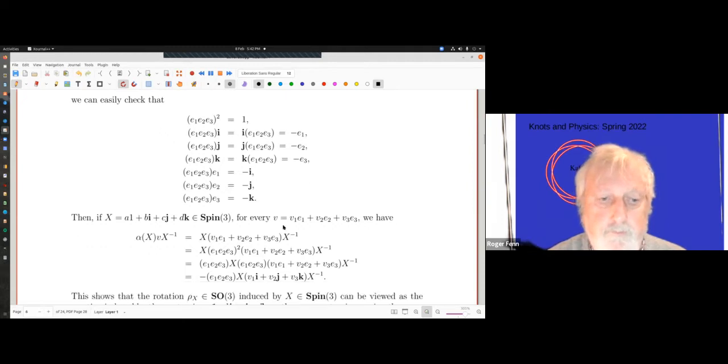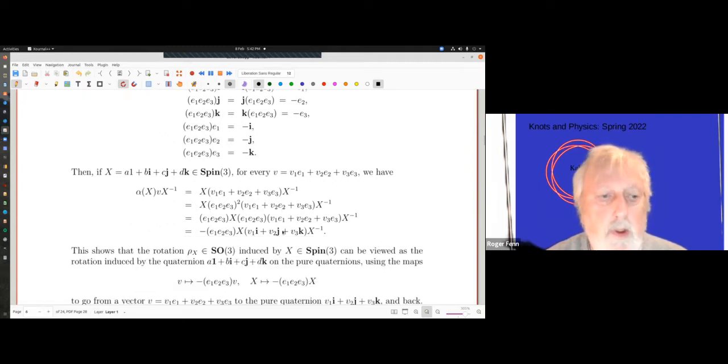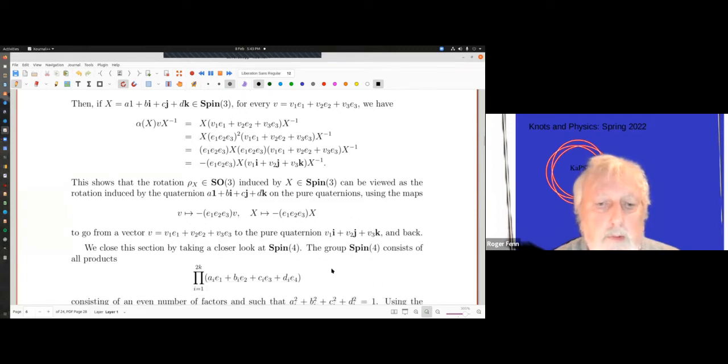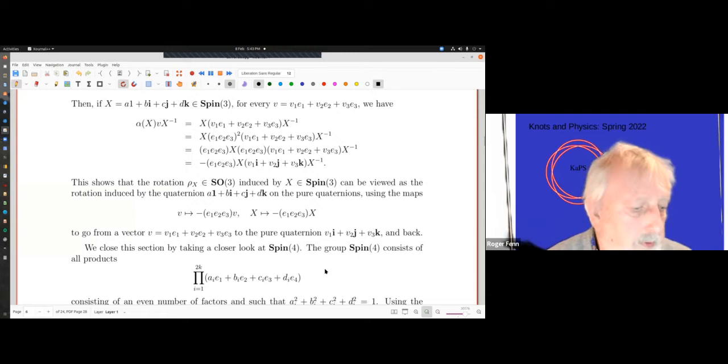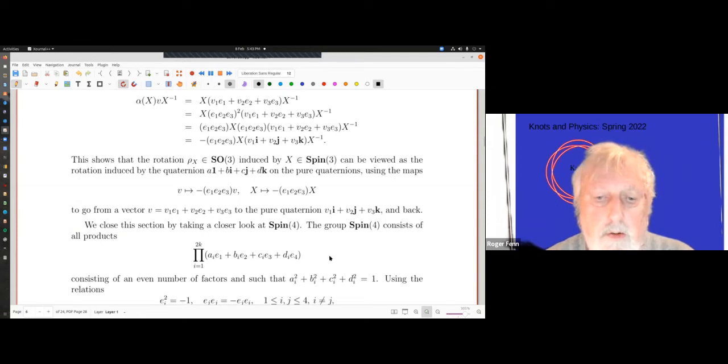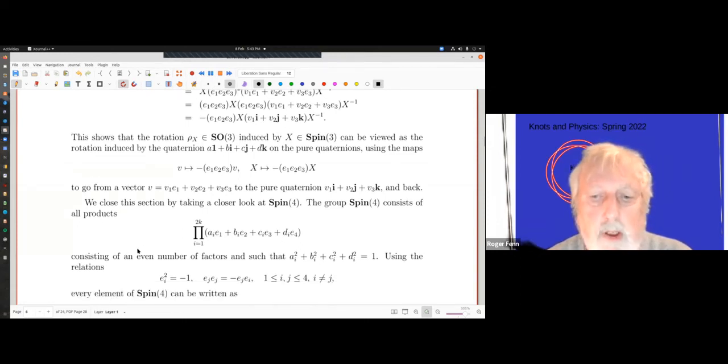So the rotation of SO3 induced by X in Spin 3 can be used as the rotation induced by this quaternion on your quaternion. Then this is all lots of details, which I'm going to rush through a little bit.